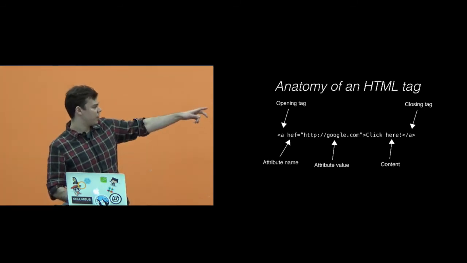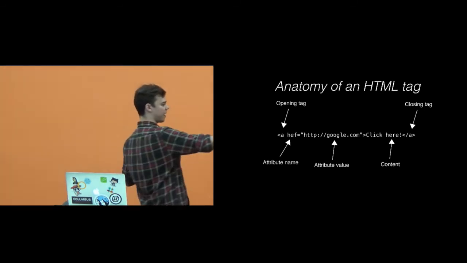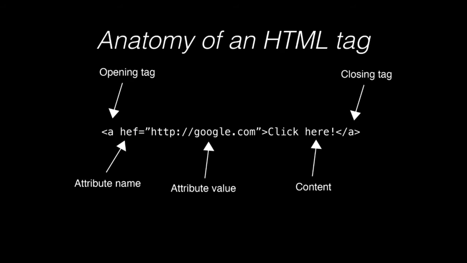An HTML tag has what's called an opening tag right here, all of this between the first two brackets, and then a closing tag there with the little slash in between the two brackets. And it can have things like attributes. This href is an attribute that has a value of google.com. And then it has content that says, click here.